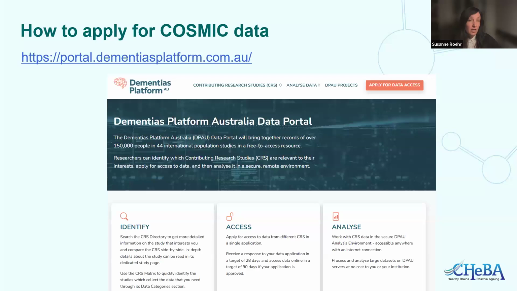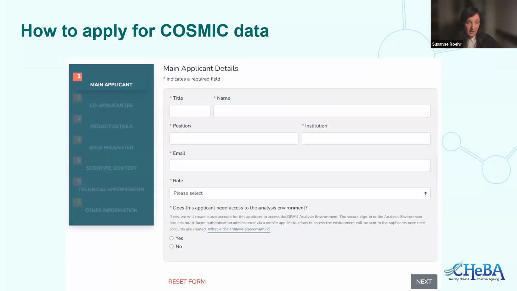So once on the data portal site, you will find all sorts of helpful information that explain how the whole thing works. And you will also easily notice the button to initiate your application for data access. If you click on that, it will lead you to a site that contains an online form which you would need to complete and submit.